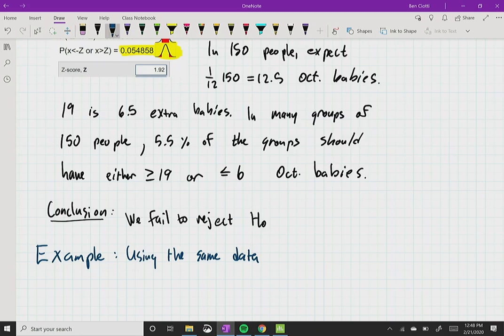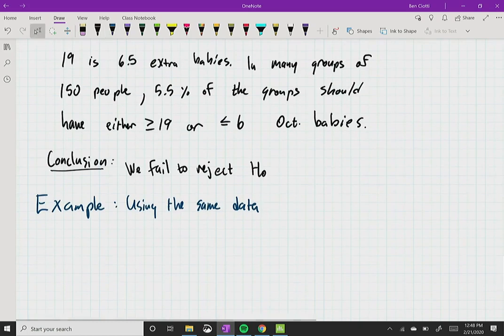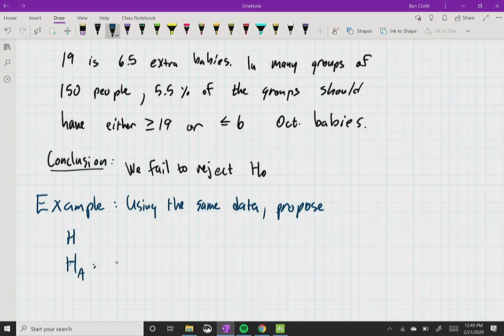So if I proposed a different test, where the alternative hypothesis is that there's more than the standard ratio of 1/12 of October babies, and the null hypothesis is that there's no effect in October, can anyone tell me what the p-value for this hypothesis test is?